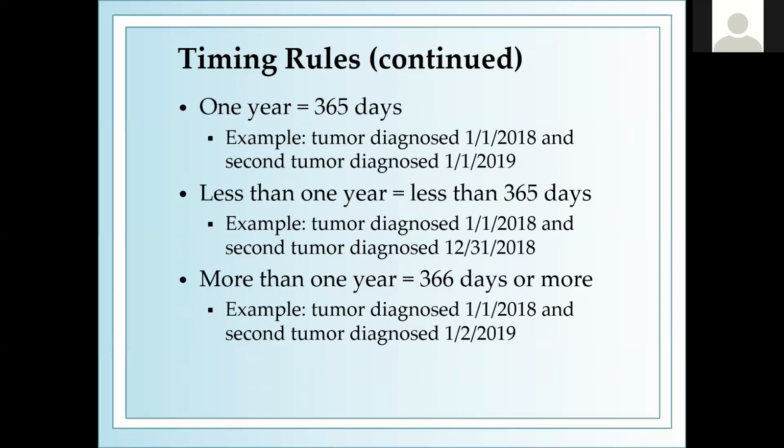Less than 1 year is obviously less than 365 days. And there is an example here, as well as an example for more than 1 year. Figuring out the timing of more than one tumor is as easy as this. So don't make the timing rules any more difficult than they are.